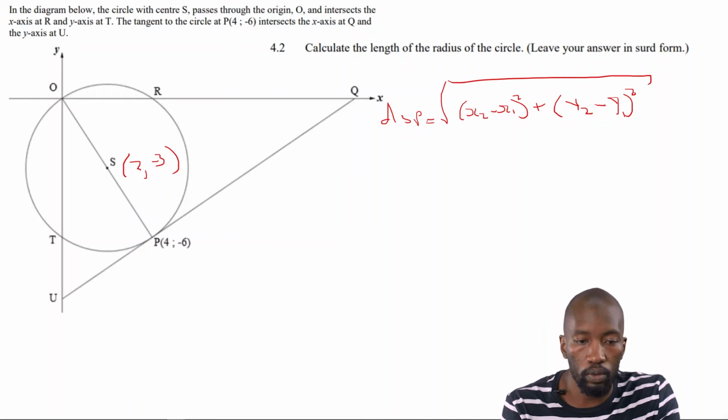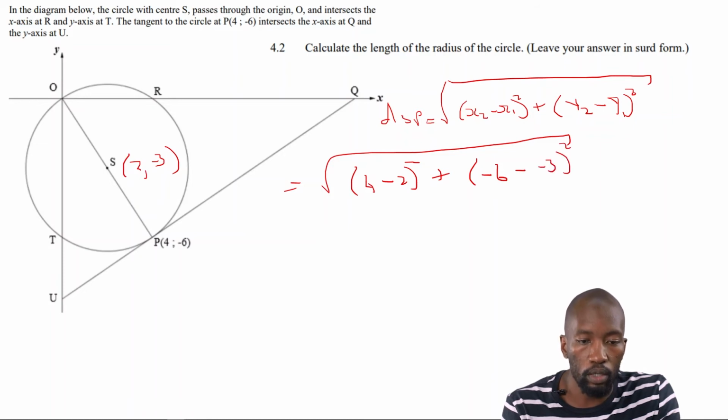Then let's quickly do that. Now my x2 will be 4, my x1 will just be 2, then square that, plus, then minus 6 minus minus 3 squared.